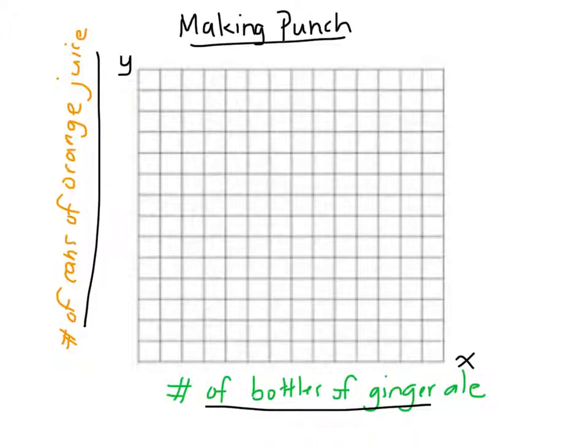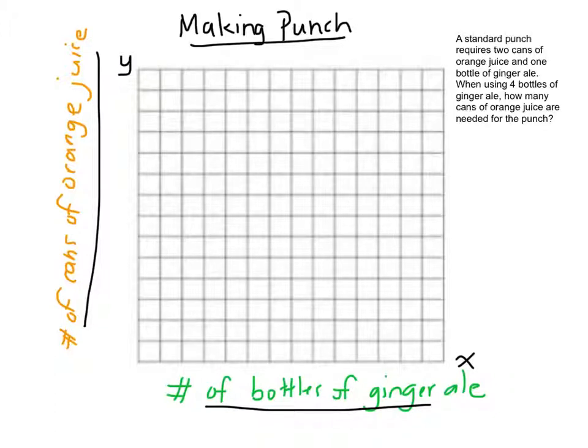We also need to come up with a scale for our graph on each of the axes. What do you think would be a good scale for the x-axis? Well, let's think about the information that they gave us in the original question. The question tells us that the punch requires 2 cans of orange juice and 1 bottle of ginger ale. When using 4 bottles of ginger ale, we have to figure out how many cans of orange juice are needed.